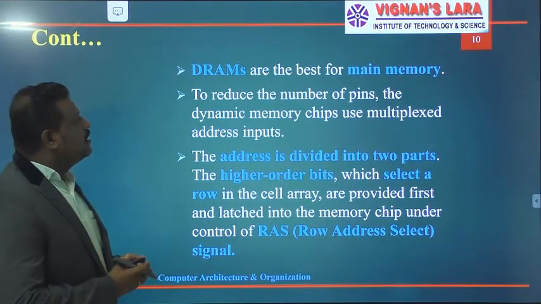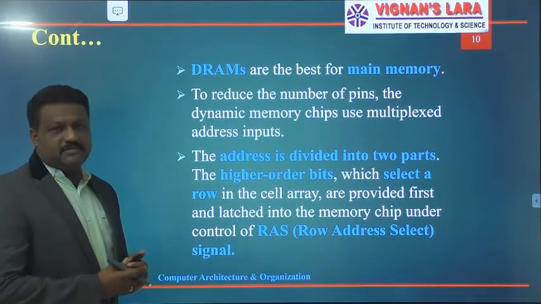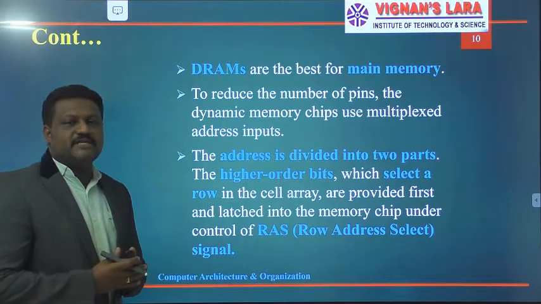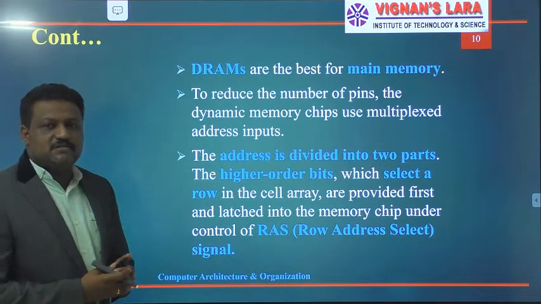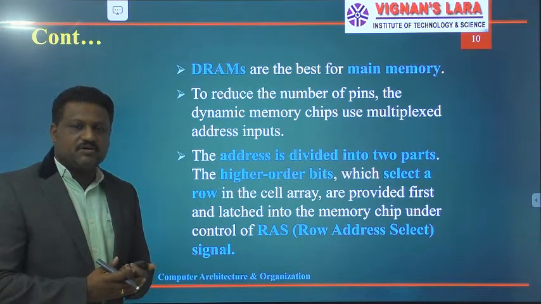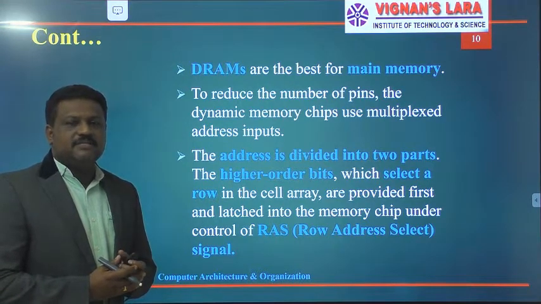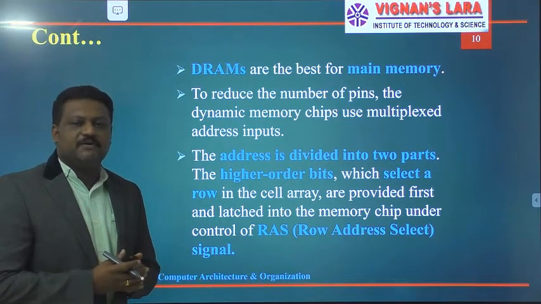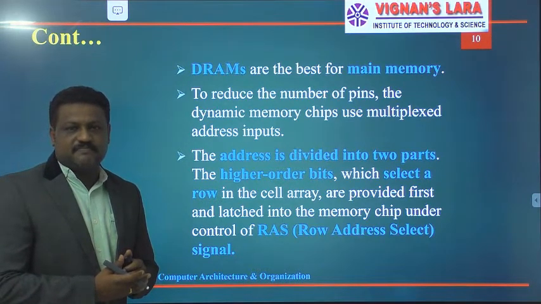DRAMs are the best for main memories. So SRAMs we can use as cache memories. Why? Because the speed of operation of SRAMs is very high, because the memory cells used in SRAMs are designed with the help of MOS transistors.